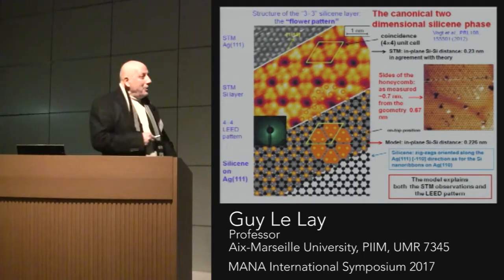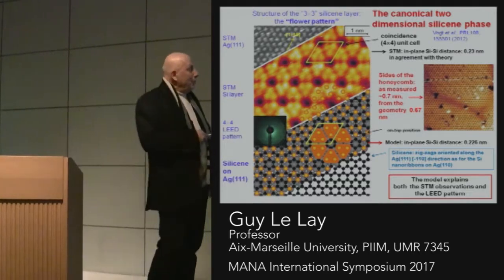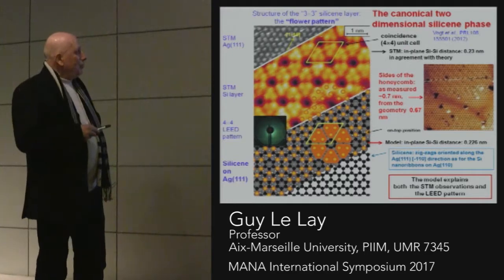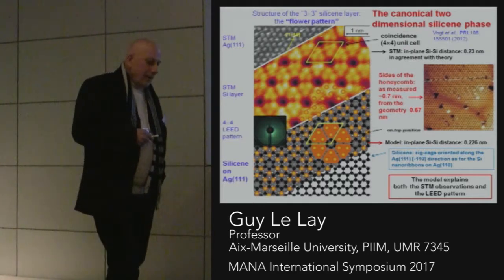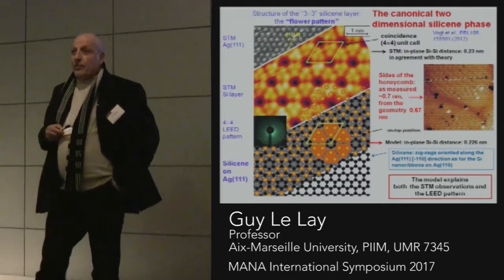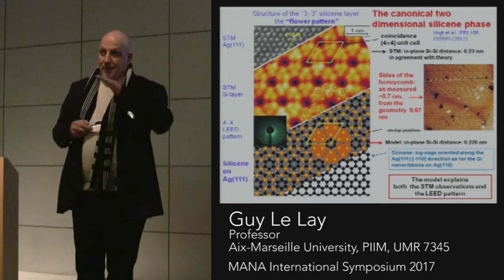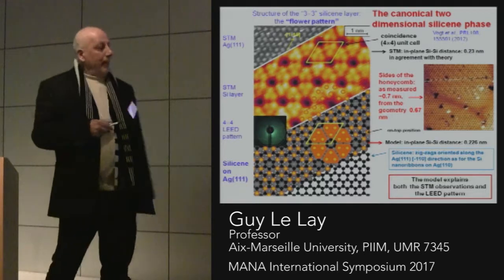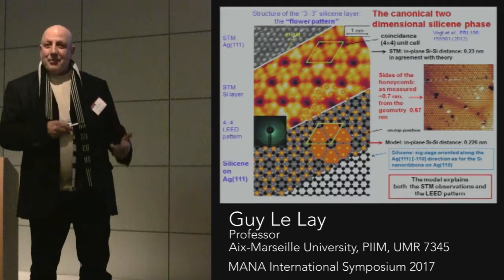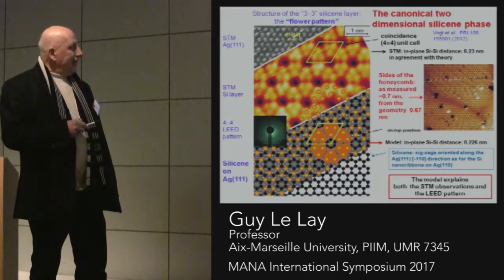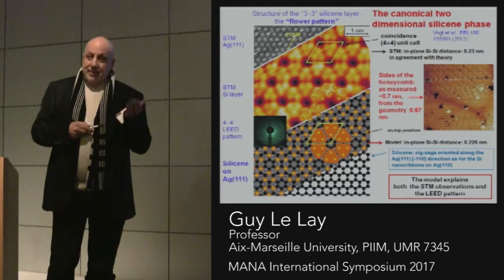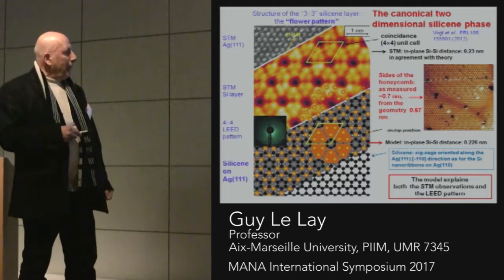Okay, now we go to sheets, to 2 dimensions. And this is what we observed when depositing at around 200 Celsius on the silver 111 surface, to have the full symmetry. And then we got this image, which is nice. We call it a flower pattern. But this image reveals, in fact, hidden silicene-like symmetry, which is explained here.